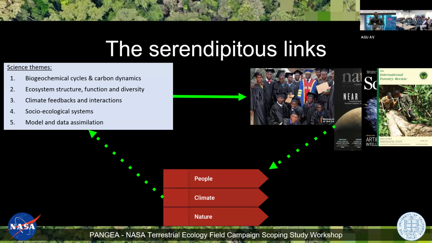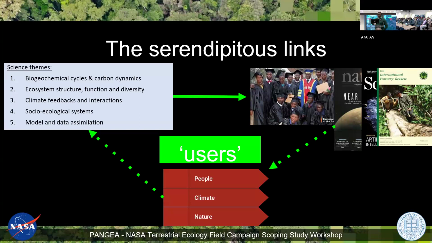So now the question is, how do we make sure that these trainings and all those publications in science and big journals translate into change for people, for nature, and for climate systems? How do we do that? And of course, we have some ideas about how to do it, but I'm not sure we've had enough time to think that through effectively.